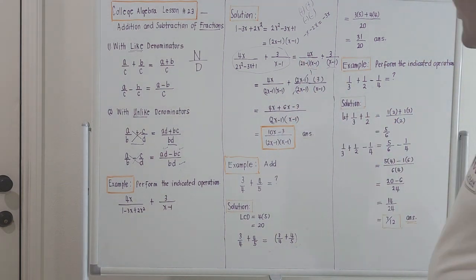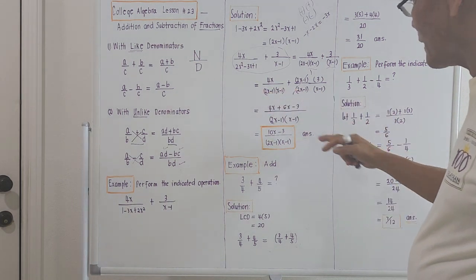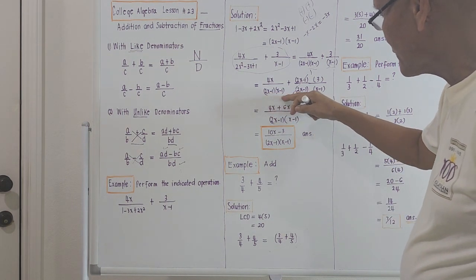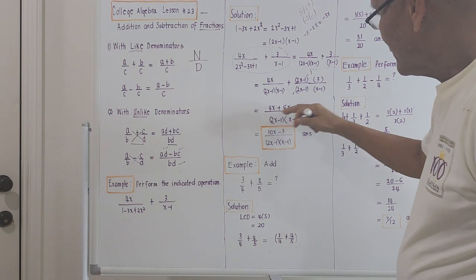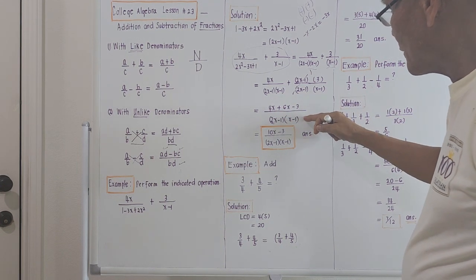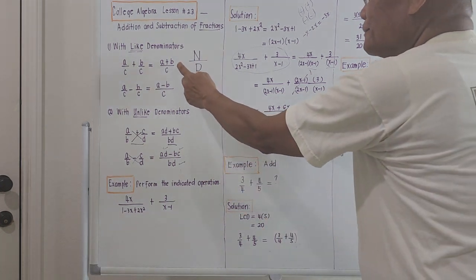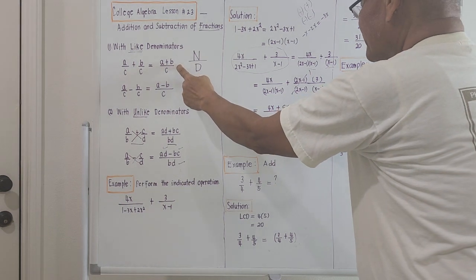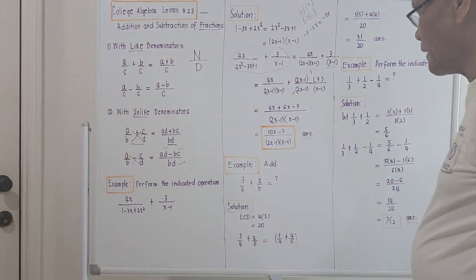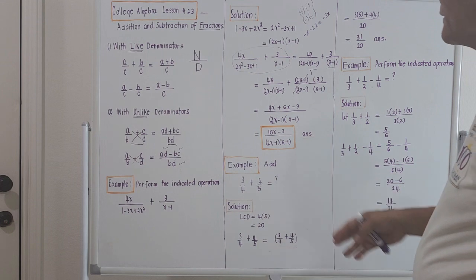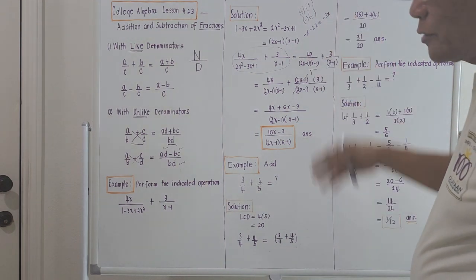So the overall denominator will just be simply this product here. It's common to both. And the resulting numerator, just add the numerators.